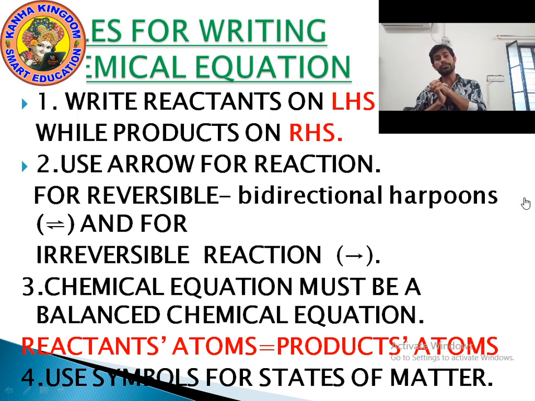Yes, atoms of reactants are always equal to the atoms of products. Actually, a chemical equation follows the law of conservation of mass. So what is its rule? That mass can neither be destroyed nor created. So atoms should be equal.